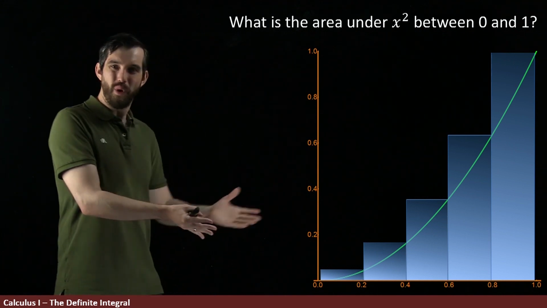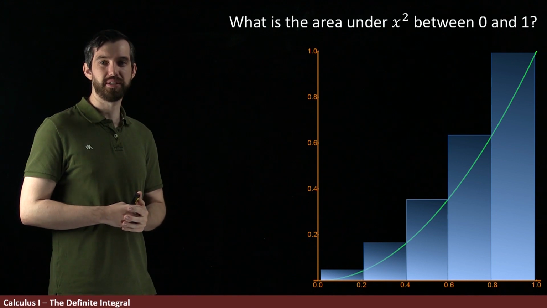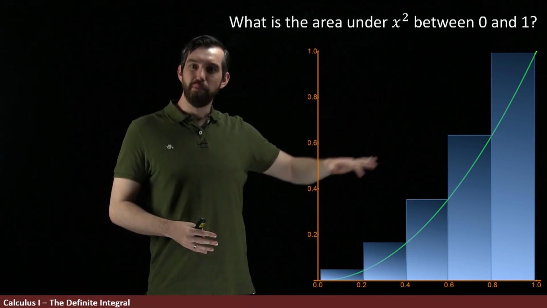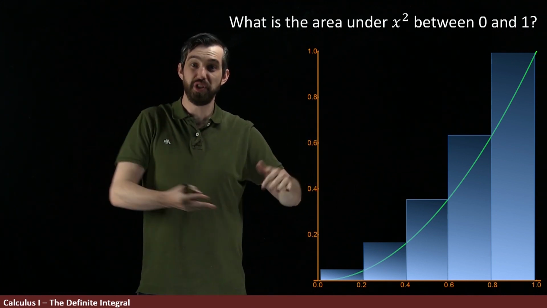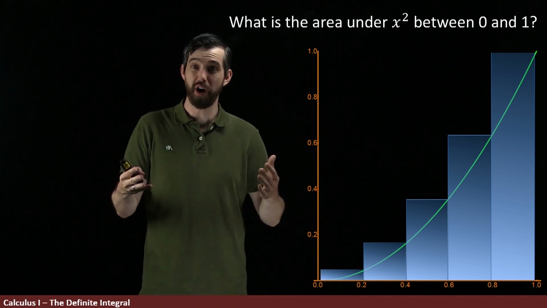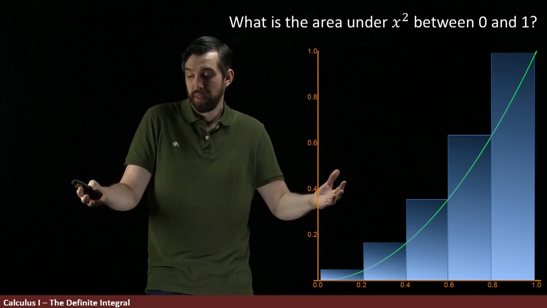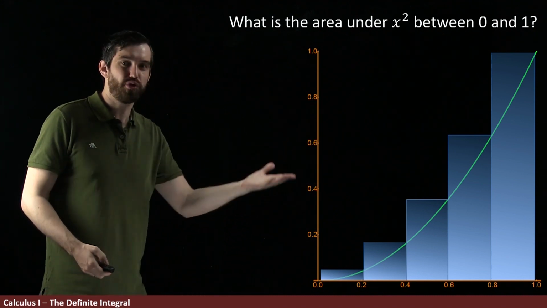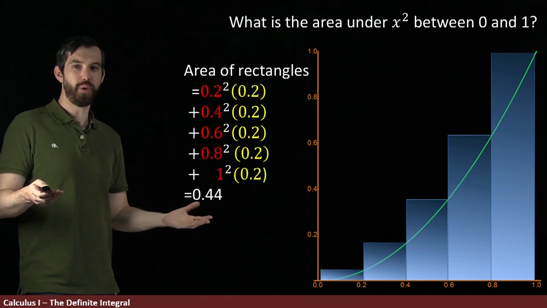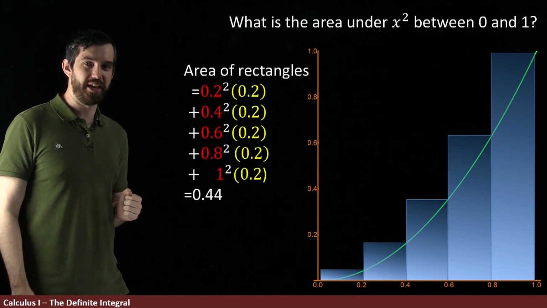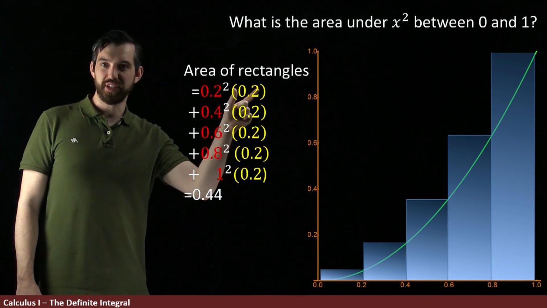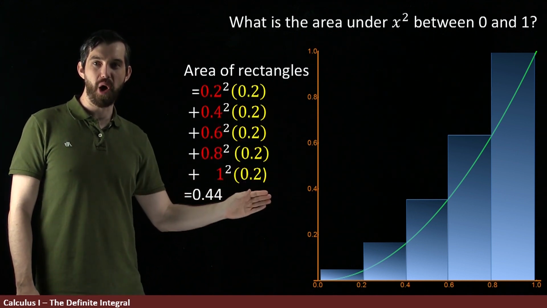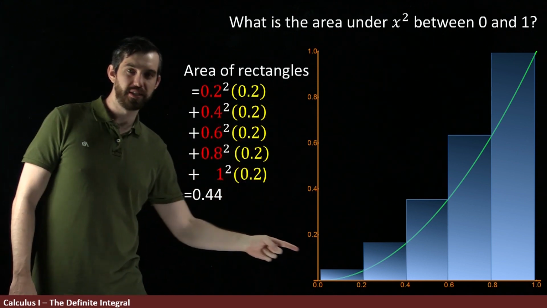So what if I compute the area of these rectangles? As we can see, it'll be a little bit more. It will be an overestimate to the area under the curve of x squared, but it's not completely terrible. And indeed, if I want to do it numerically, these are just rectangles, so I should be able to add them up pretty quickly. Notice that the width is 0.2 all the way along, but the height changes.